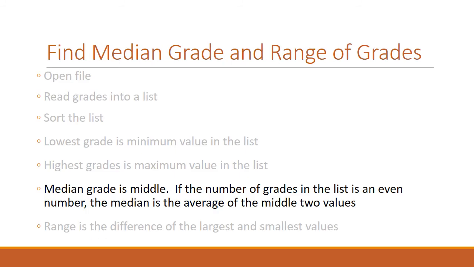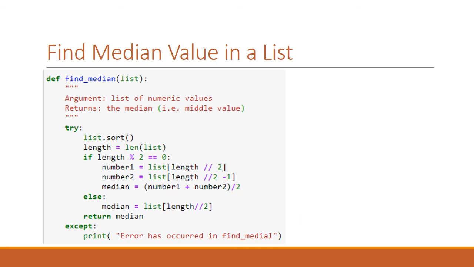We're going to create a function that finds the median value in a list of values. So our input into this function will be our list, and the output will be the median value. Here's our function for finding the median value. We call our function find median.